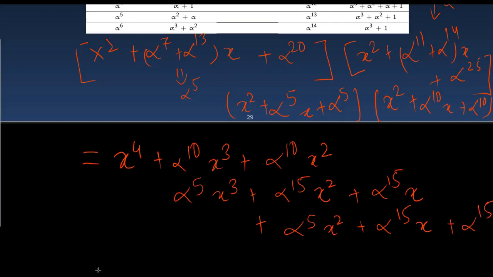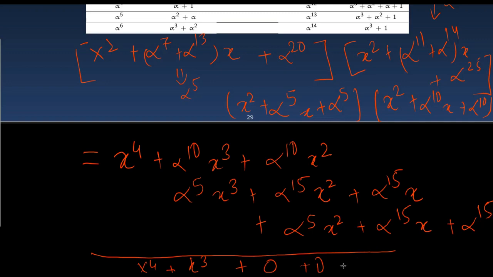If you reduce this, the result is going to be x^4, and alpha^10 and alpha^5, as you see in the table, add up to 1, so this is going to be x^3. You can verify that. These three when you add together are going to be equal to 0. These two XOR to 0, and then you have alpha^15, which is equal to 1. So this is the result.